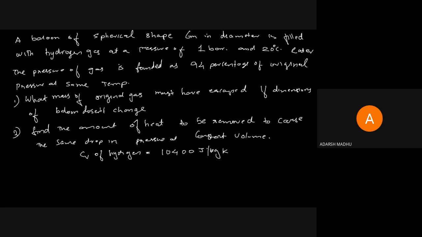If it is in kilogram, 10.4 kilojoule per kilogram. That is the value of CV. So the equation of heat transfer is Q equal to mCV delta T, T2 minus T1.